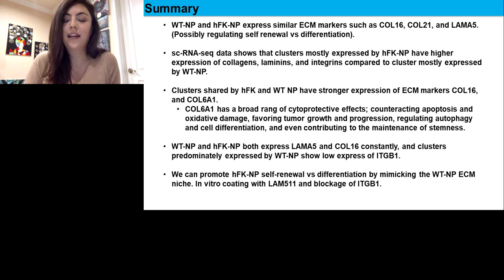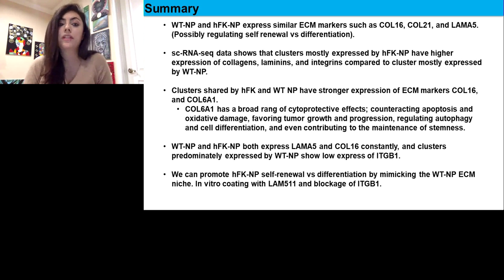Basically, what we find is that Wilms tumor nephron progenitors and human fetal kidney nephron progenitors express similar ECM markers such as collagen 16, collagen 21, and laminin alpha 5. And this may be important to regulate their self-renewal rather than their differentiation. We also see with the single-cell RNA-seq data that clusters mostly expressed by human fetal kidney nephron progenitors have higher expression of collagens, laminins, integrins compared to clusters mostly expressed by Wilms tumor nephron progenitors.